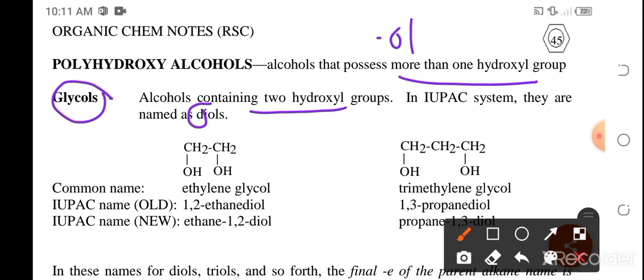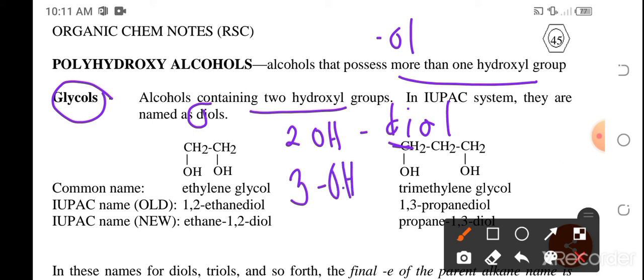However, if there are 2 hydroxyl groups, the suffix will then become diol. The di represents that there are 2. If there are 3 hydroxyl groups attached on the series of carbon atoms, the suffix will become triol. So the 3 will be denoted with the prefix tri, and so on. If there are 4, tetra, and if there are 5, penta, and so on.